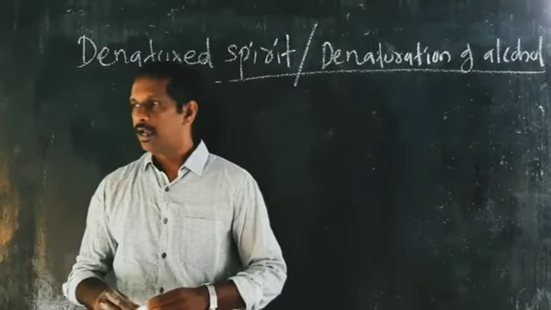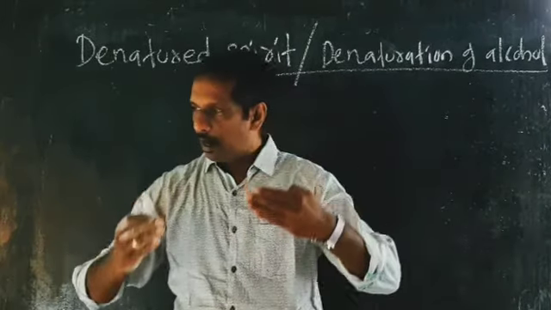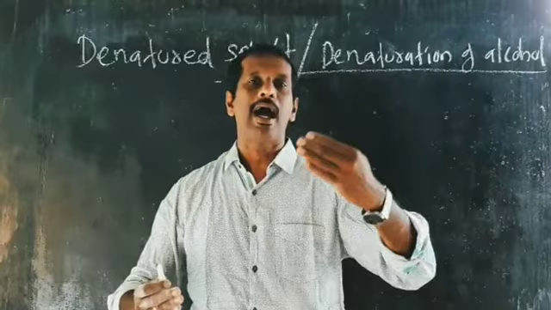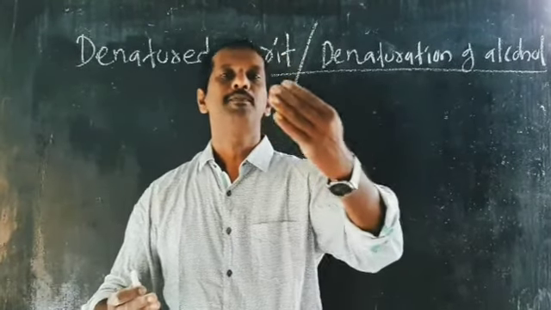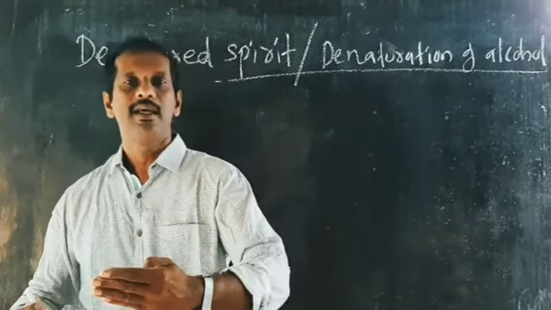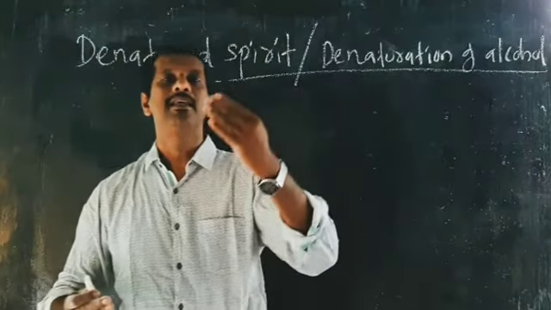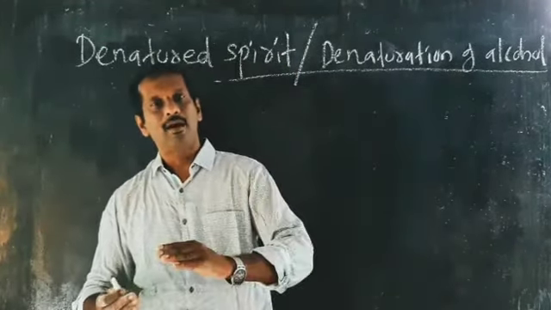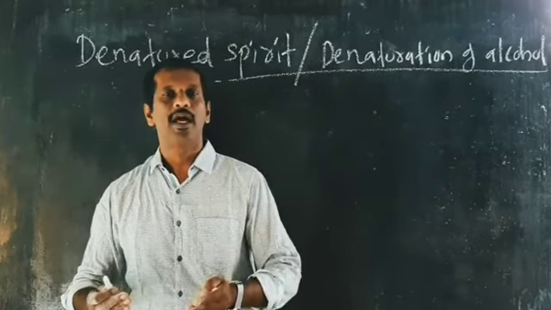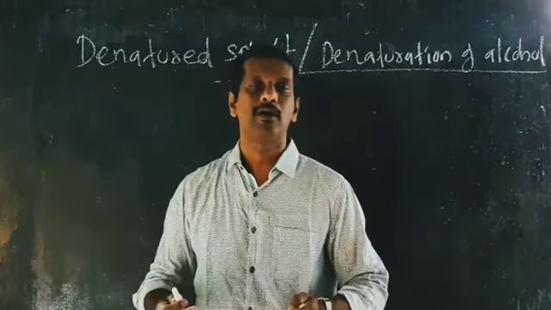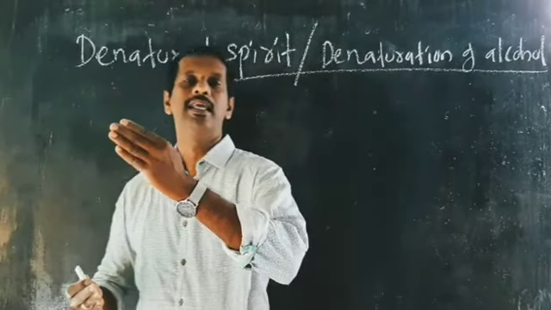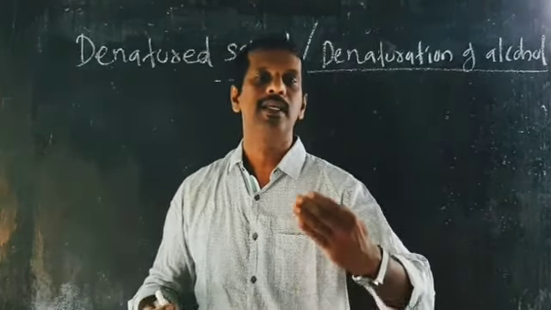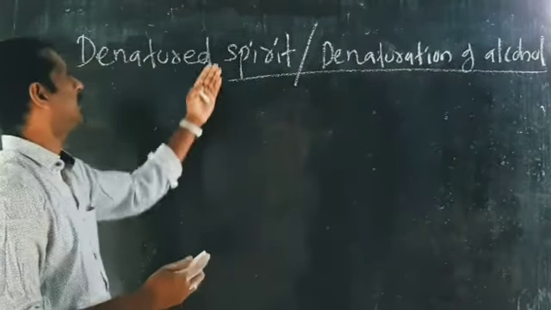That means ethanol used for industrial purpose is made unfit for drinking by adding substances like copper sulfate, pyridine, methanol, etc. That process is known as denaturation of alcohol, and the sample we get is known as denatured spirit. So what is denaturation?